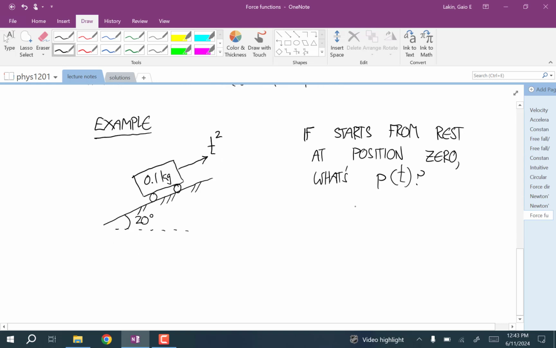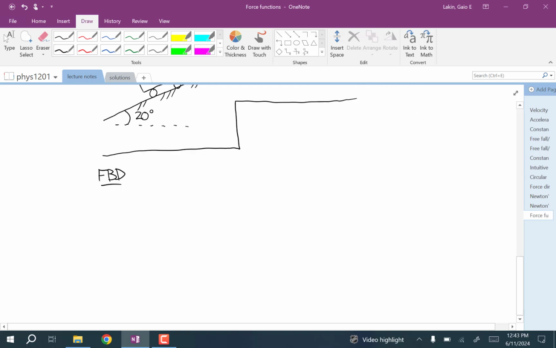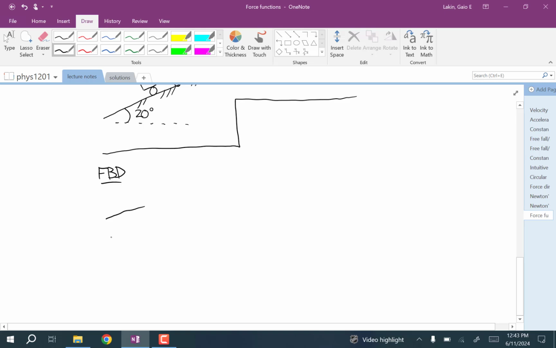Well, we're going to use Newton's second law, which means we have to start with a free body diagram. I'm going to have my positive direction this way, up the ramp. And my free body diagram looks like this.